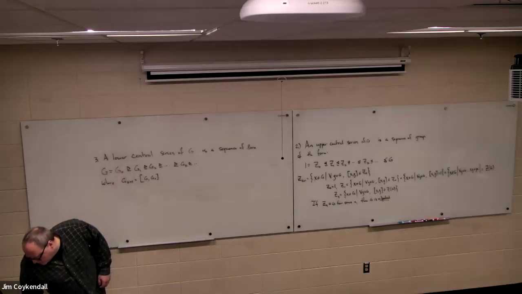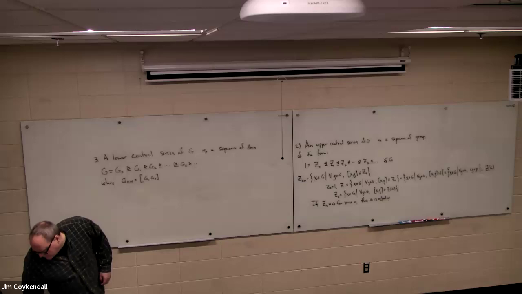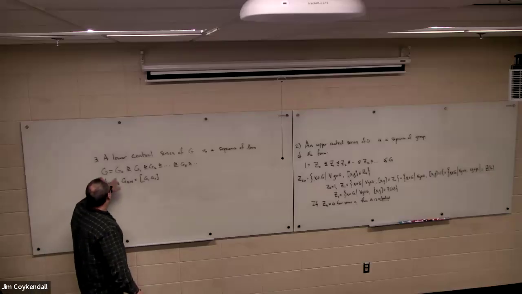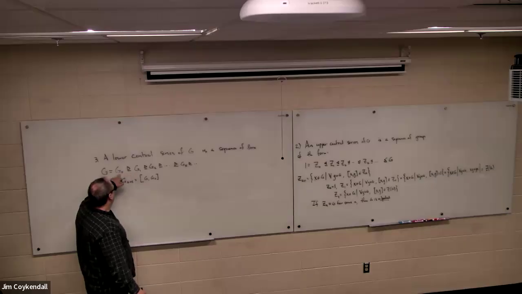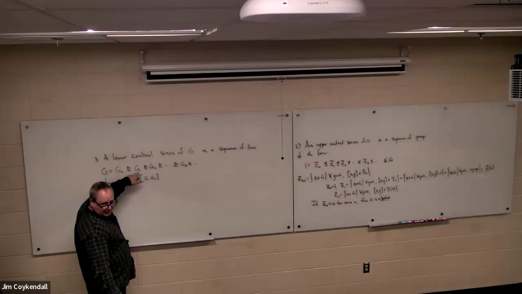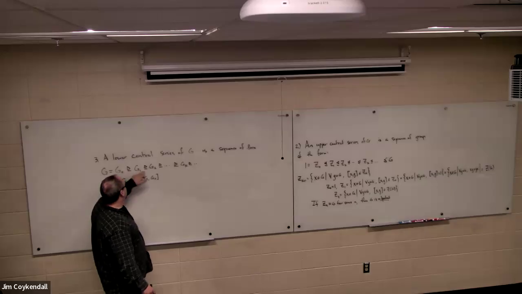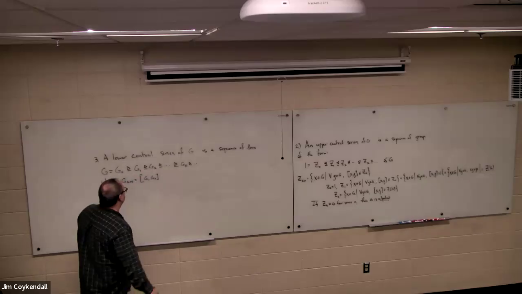So we build the next group this way. In other words, to get G1, it's just G0 commutator with itself. To get G2, that's G0 commutator with G1. To get G3, it's G0 commutator G2, and so forth and so on.